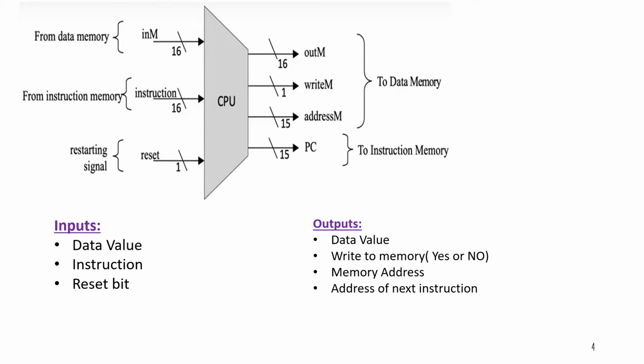Then we have a single bit load pin named writeM, which enables writing in the data memory. Then we have addressM, a 15-bit address to the data memory. Then we have PC, which is the fourth output. This contains the address of the next instruction, which needs to be fetched and executed in the next cycle.